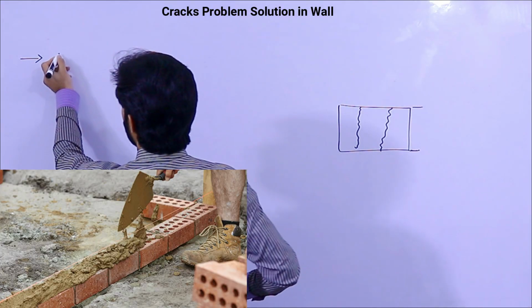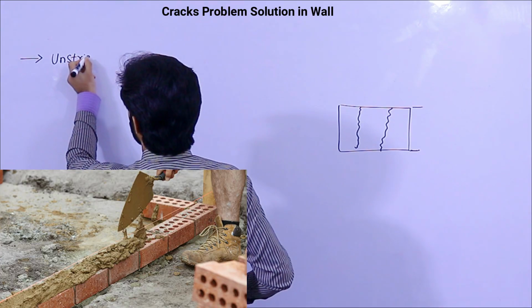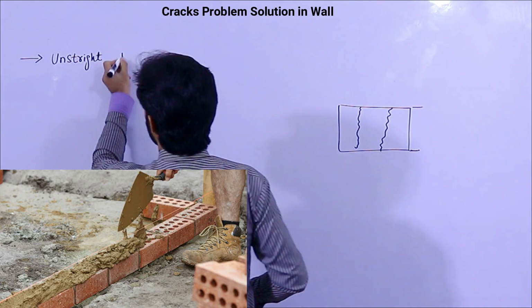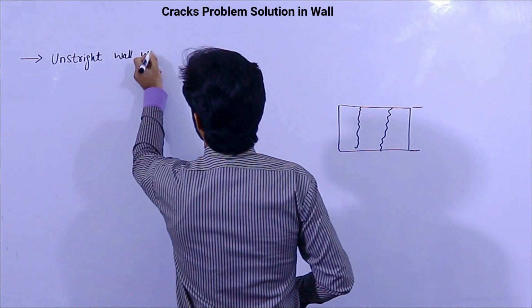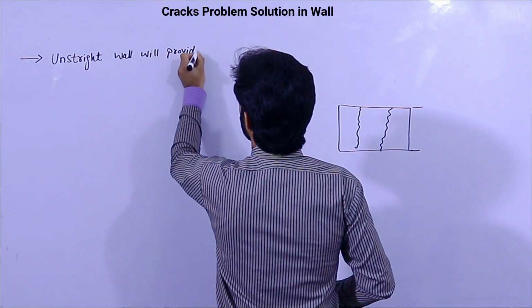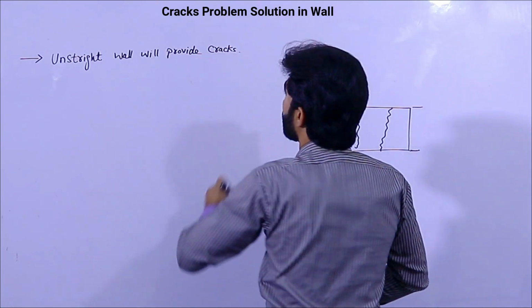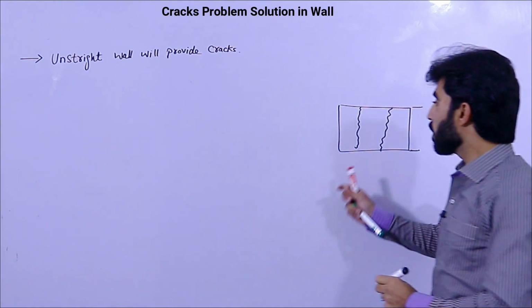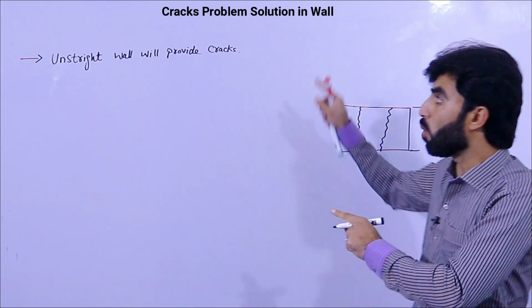An unstraight wall will provide cracks. This is the first main thing. If the wall is unstraight, it will provide cracks.